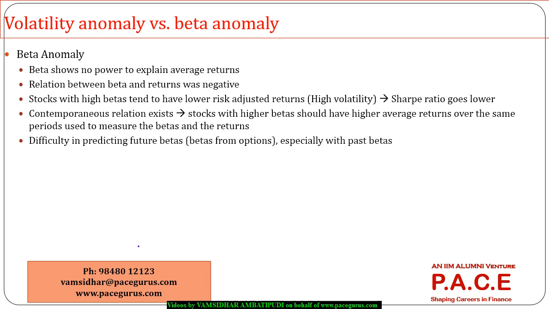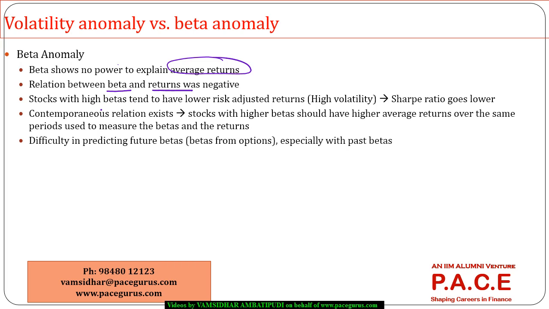On the same lines, if I talk about the beta anomaly, beta shows no power to explain average returns. And it has been observed that the relation is purely negative. Beta is also a measure of risk. The higher the risk, the lower the returns, and vice versa. That is what the historical data has been explaining.